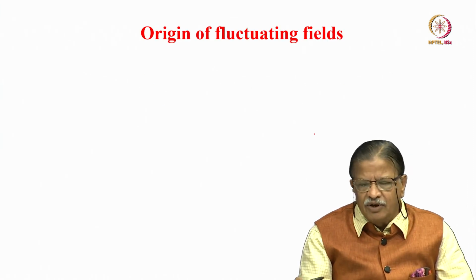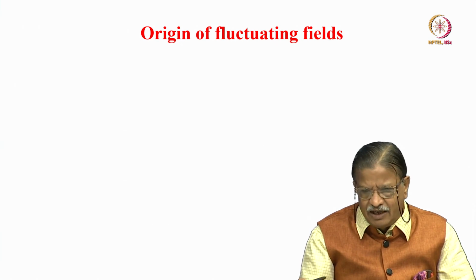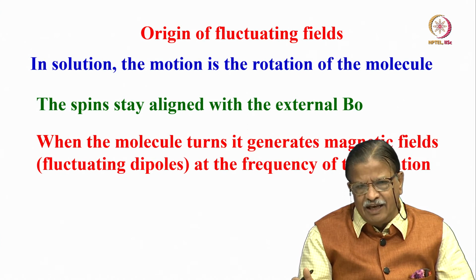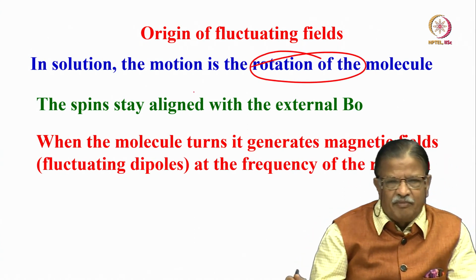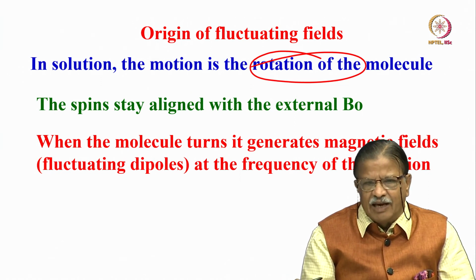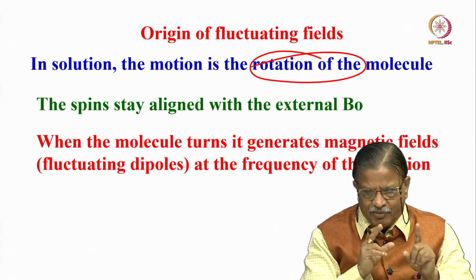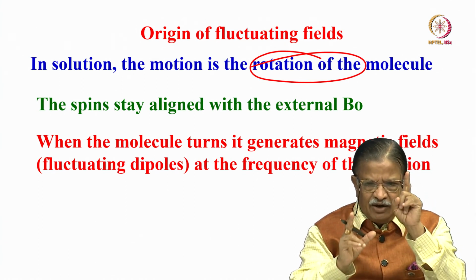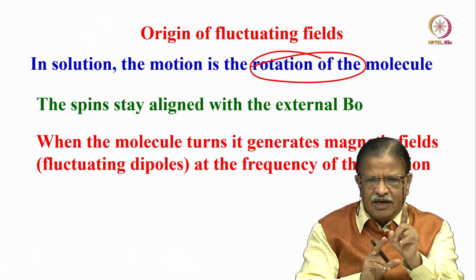Okay. So, of course, we discussed the origin of the fluctuating fields in the context of relaxation, and in solution the motion is the rotation of the molecule, which is the dominant fluctuating field for dipolar interactions. We observed that when two spins are treated as a dipole, their orientation with respect to the magnetic field does not change unless they undergo tumbling motion.